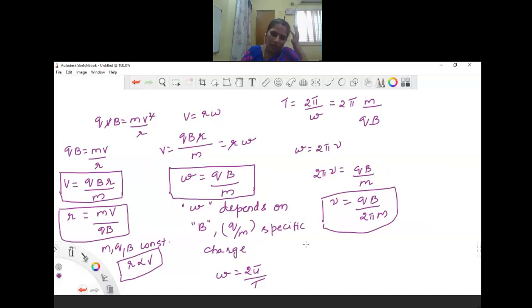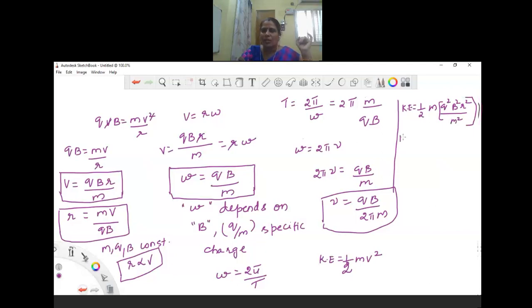Now let us calculate the kinetic energy formula also. So we know that kinetic energy is equal to half mv square. We are going to substitute the value here: kinetic energy is equal to half m, times q square B square r square divided by m square.